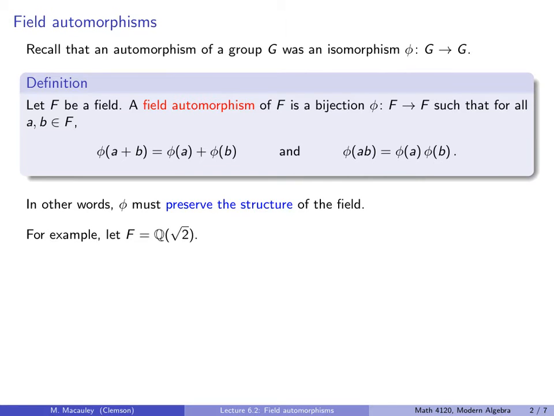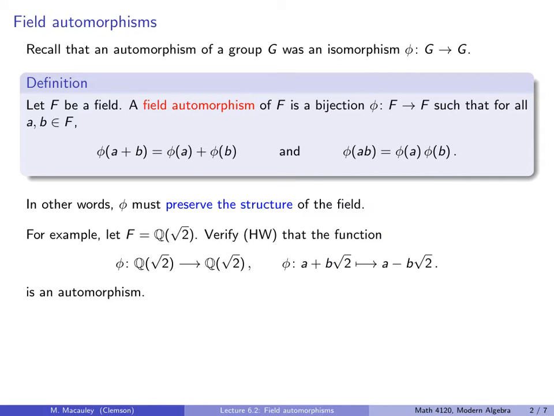For example, let F be the field Q adjoin root 2. On your homework, you will verify that the following function phi from this field to itself, defined as follows, sending A plus B root 2 to A minus B root 2, is an automorphism.